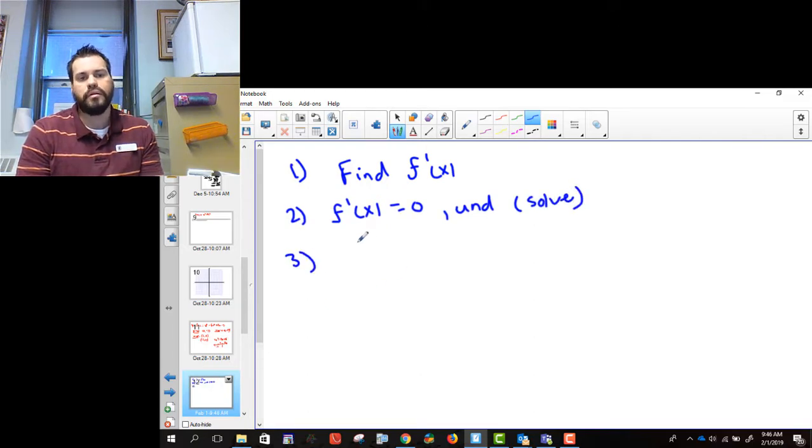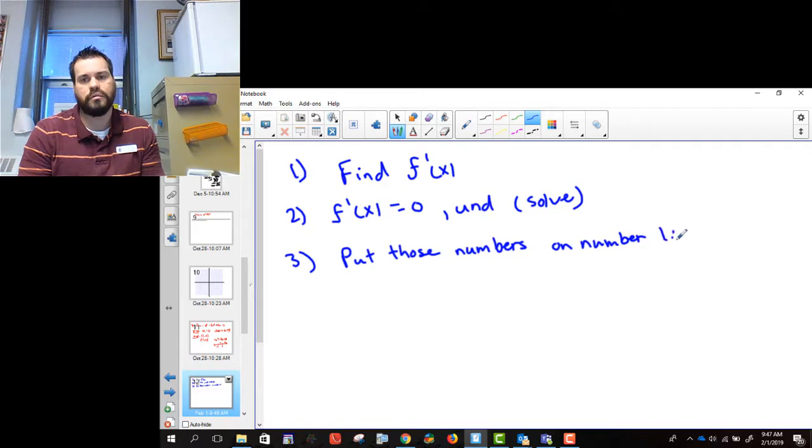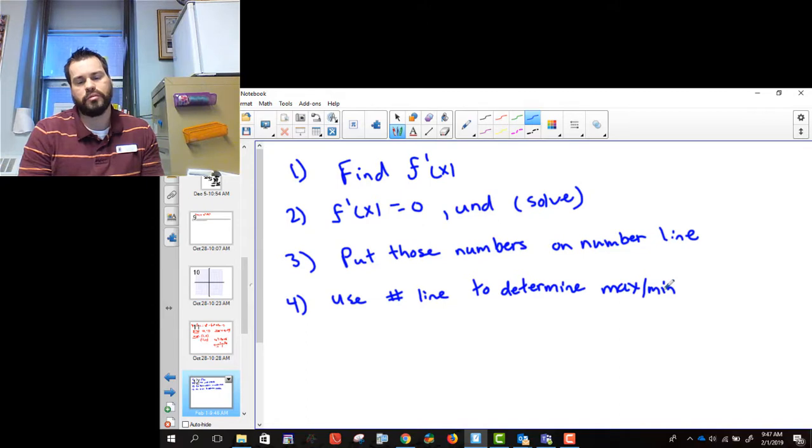Then you put those numbers on a number line, and those values are called critical numbers, if you see that terminology. And then you use the number line to determine max mins. So you determine which ones are maximums and minimums based on whether it's positive before or negative afterwards, or positive afterwards and negative before.